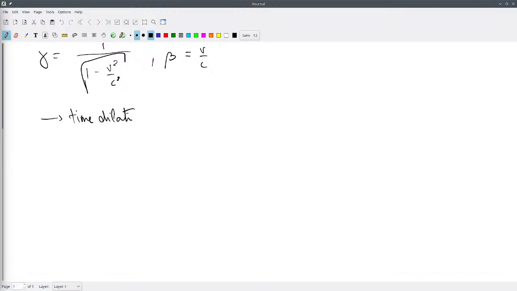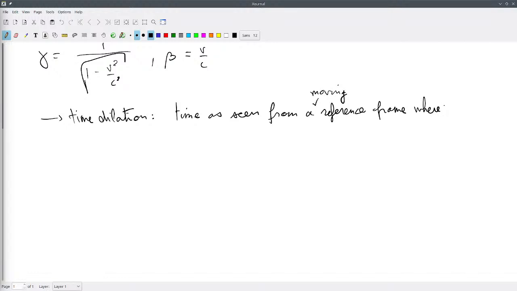So time dilation: time as seen from a moving reference frame, where the time is measured at different positions, will be longer.